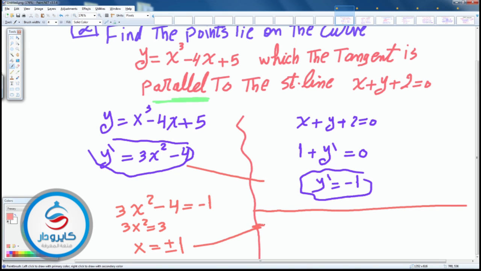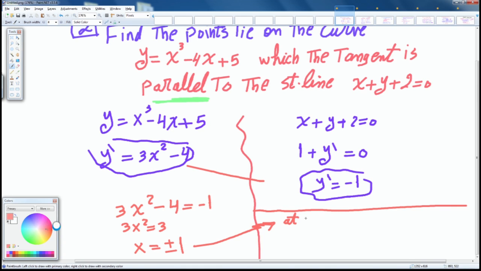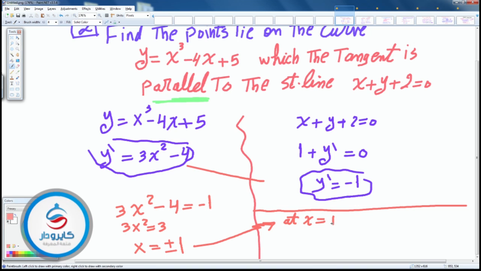We will complete here by making a substitution at x equals 1 and at x equals negative 1. Where do we substitute?